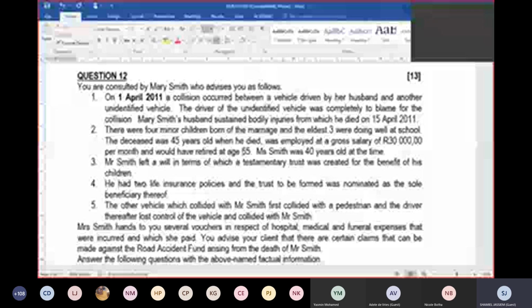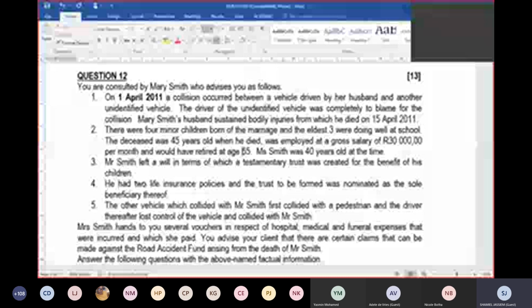Mary's husband sustained bodily injuries from which he died on 15 April 2011. There were 4 minor children born of the marriage, and the eldest 3 were doing well at school. The deceased was 45 years old when he died, was employed at a gross salary of 30,000 Rand per month, and would have retired at the age of 65.